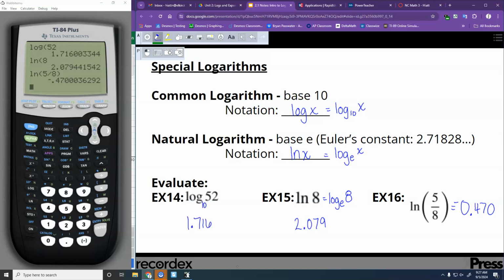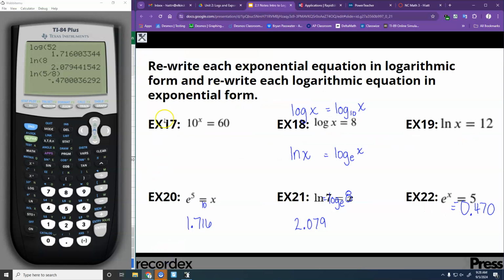So those you just type right in. You don't have to do anything special to type those in. And in Desmos, it's the same. You just type in log, parentheses, 52. Close it. All right, questions?